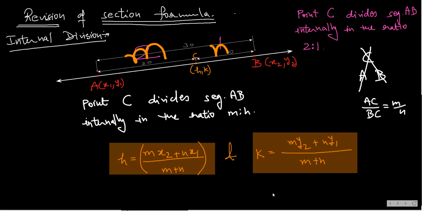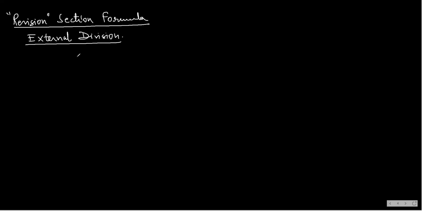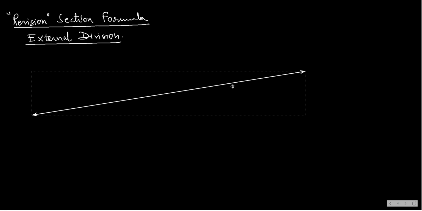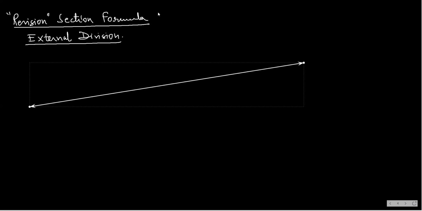Now we will go for external division section formula. So now we are having revision of section formula external division. Once again, we will start with a line. This is a line, and on this line I have 2 points A and B. Now there is a point C, and this point C divides segment AB externally.